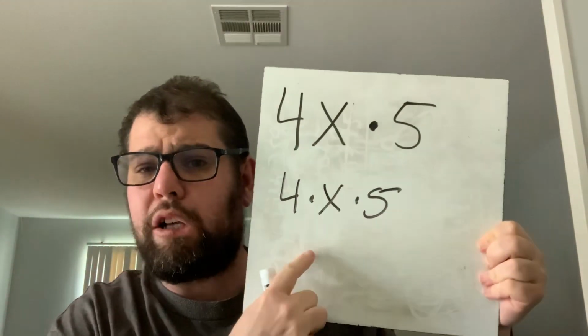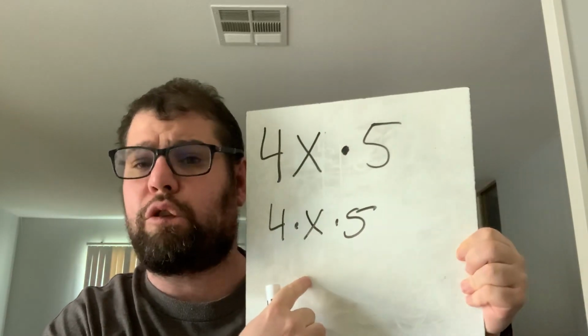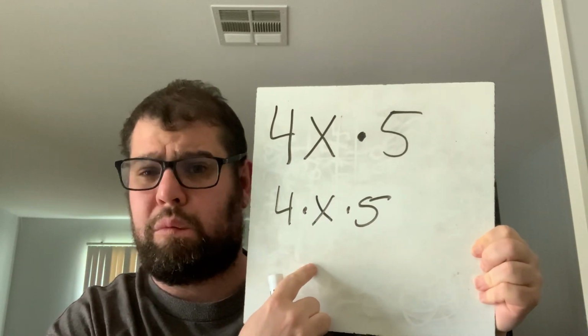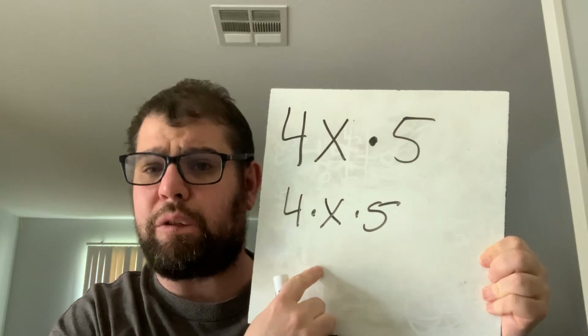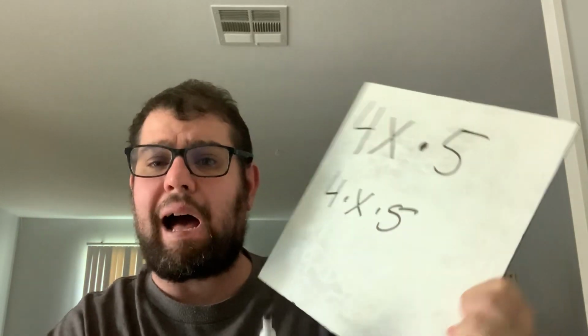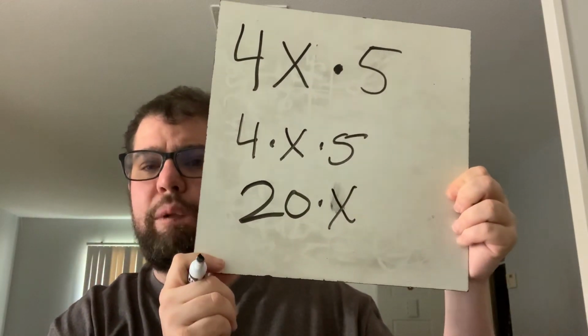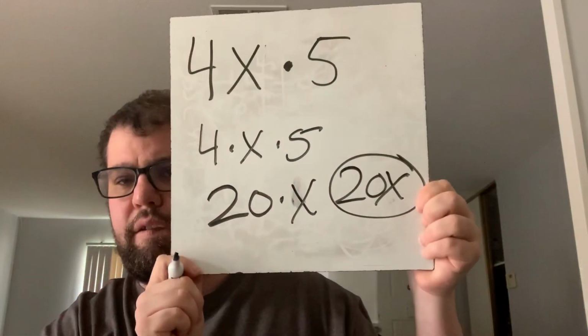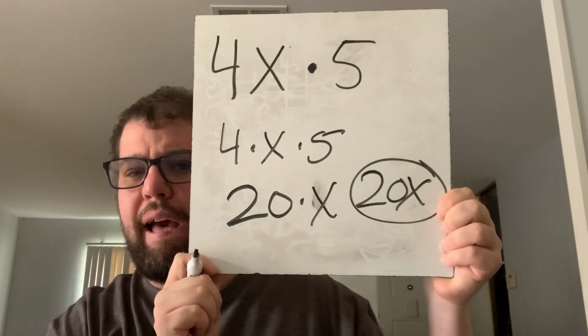Do we know what our x is? No. So can we do anything? No. So what can we do? We can do the 4 times the 5 and get 20 times x. And then after we do that, we can put it back and get our final answer to be 20x. You see how we did that?